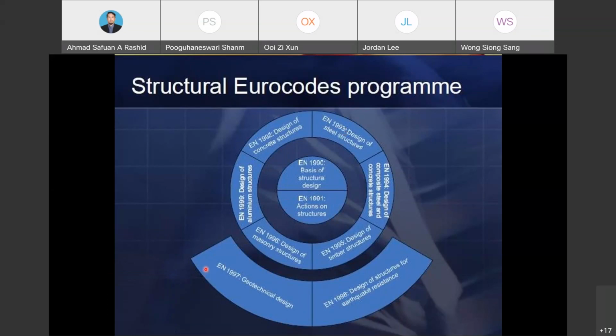The geotechnical design and the design of structures for earthquake resistance encapsulate all these main elements. This means that geotechnical design covers the design of structures in concrete, steel, composite, timber, masonry, and also aluminium.